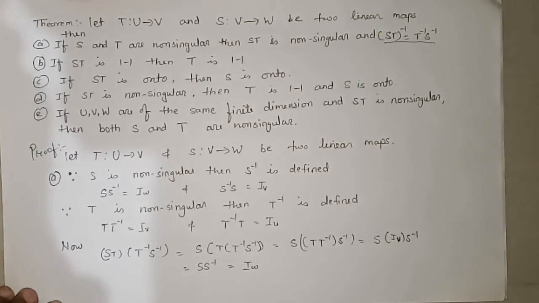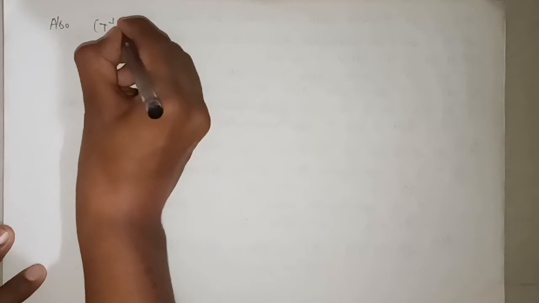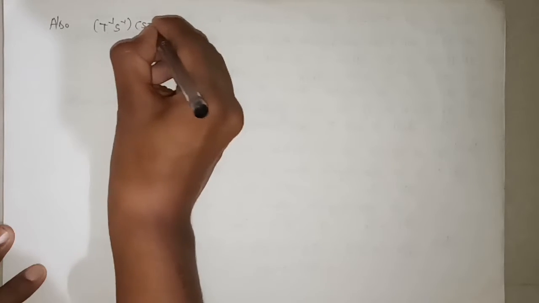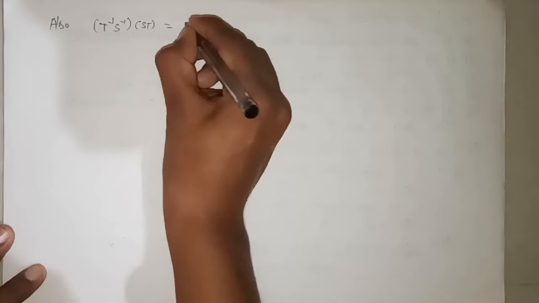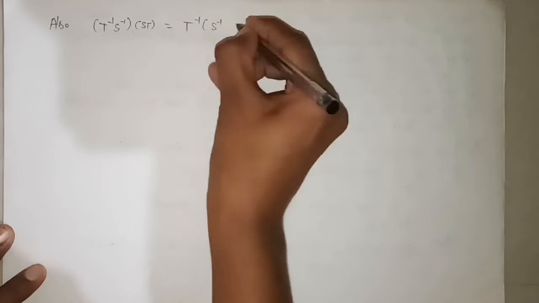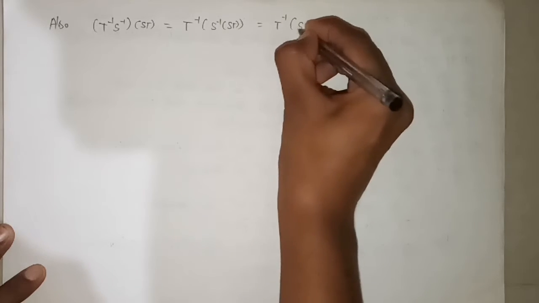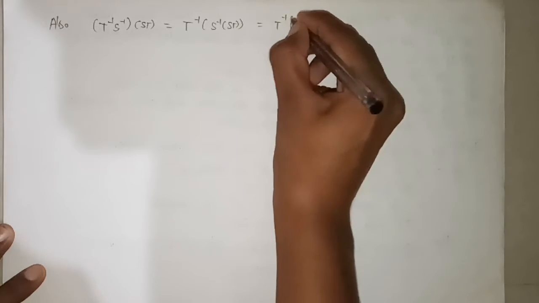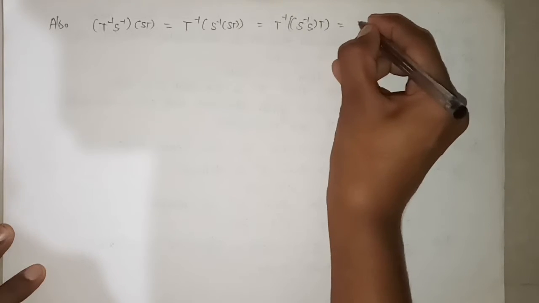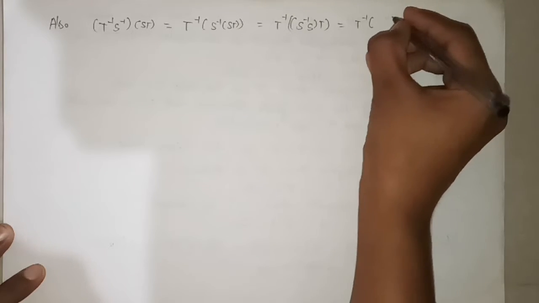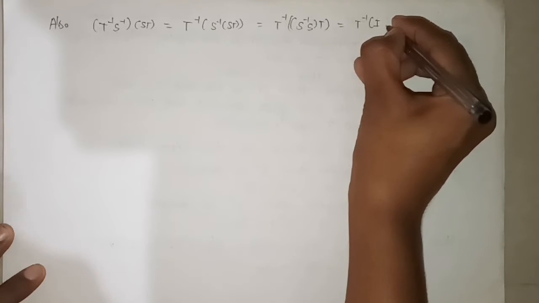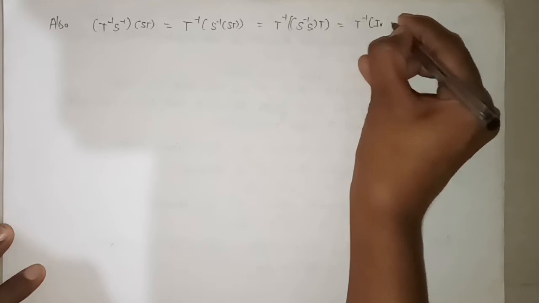Similarly, now T inverse S inverse times ST is equal to T inverse (S inverse S) T, and we already have the value of S inverse S, which is IV.